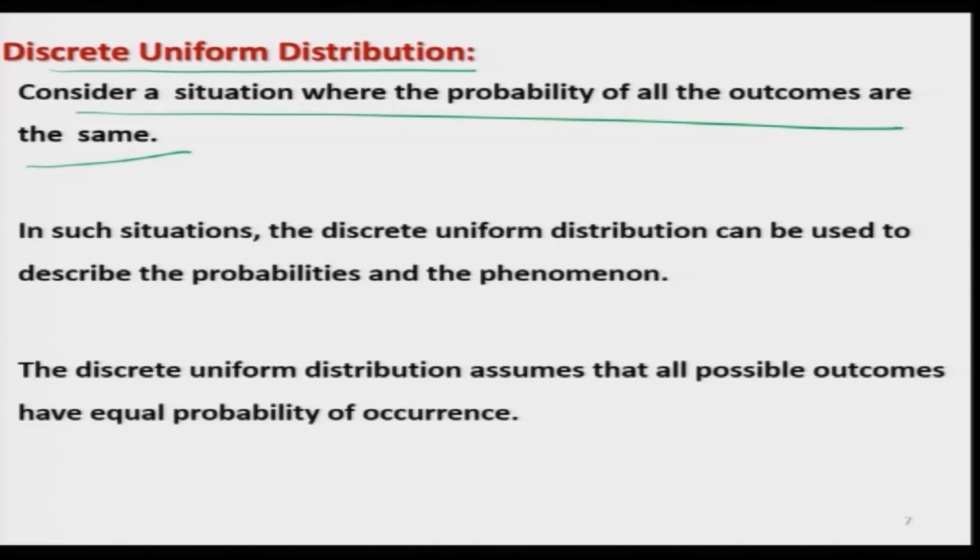Can you think about such a situation where the probabilities of all the outcomes are going to be the same? Well, you have done it. Tossing a coin, rolling a dice. In case of rolling a dice, the probability was just 1 by 6, either x takes value 1, 2, 3, 4, 5 or 6. In the toss of a coin, the probability was always 1 by 2, either it is head or tail.